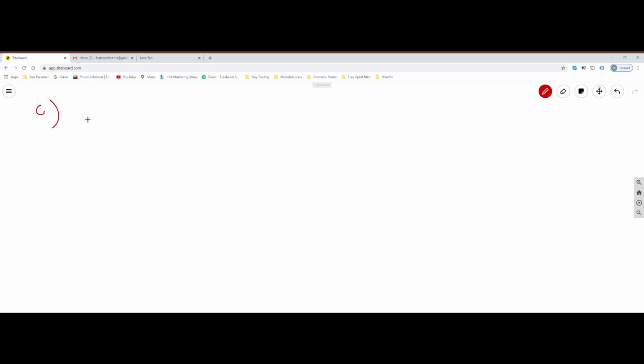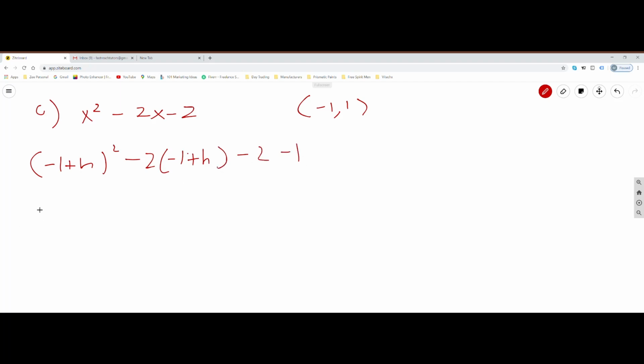So you have the function x squared minus 2x minus 2, and you have the point negative 1 and 1. So you have (negative 1 plus h) squared minus 2 times (negative 1 plus h) minus 2 minus 1.